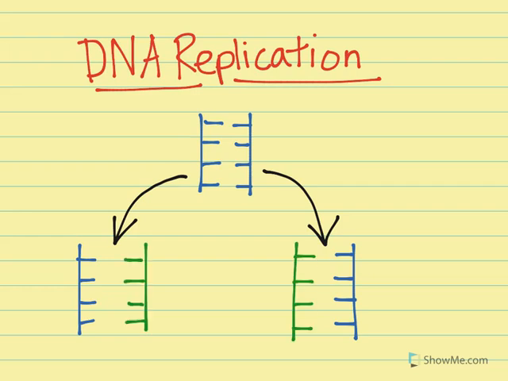So in this way, for each of the new double strands of DNA produced, half of that DNA comes from the original strands in the original cell. So in that way, we say that DNA replication is semi-conservative.